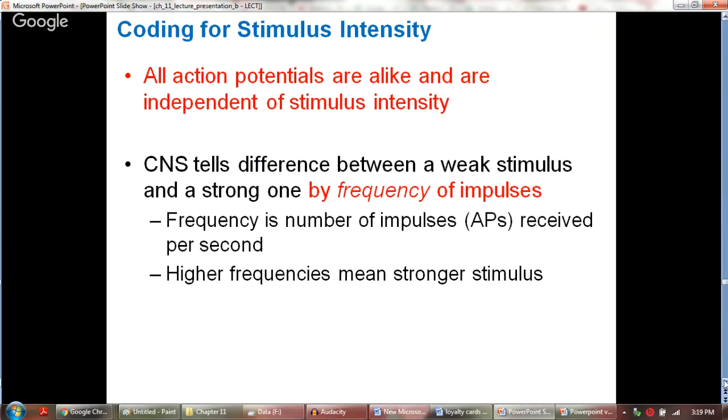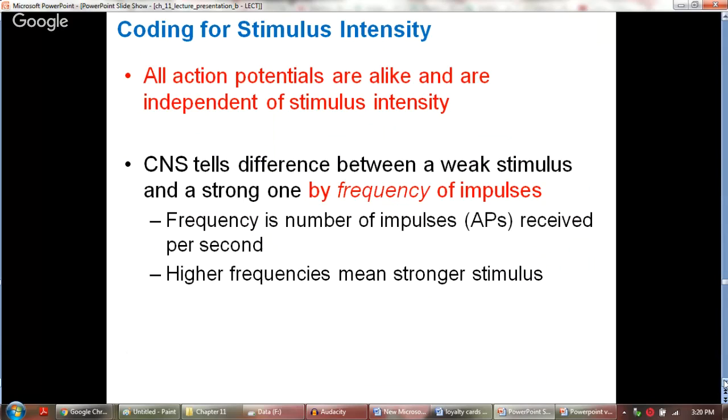The other important aspect of action potentials is that all action potentials are alike and independent of the stimulus intensity. So the central nervous system tells the difference between a weak stimulus and a strong stimulus by the frequency of the impulses, which is the number of impulses received per second.